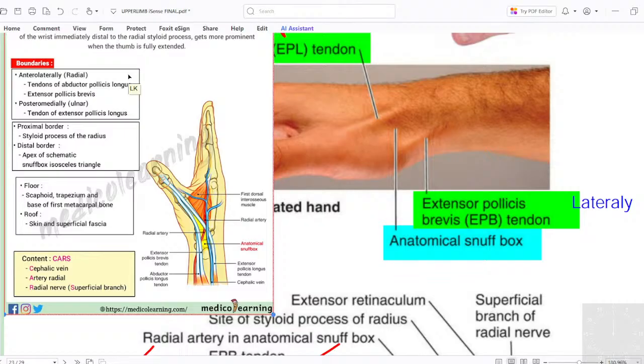Posteriorly is the radial side, we know this one. Anteriorly, posteriorly radial, and posteromedially, what happens?